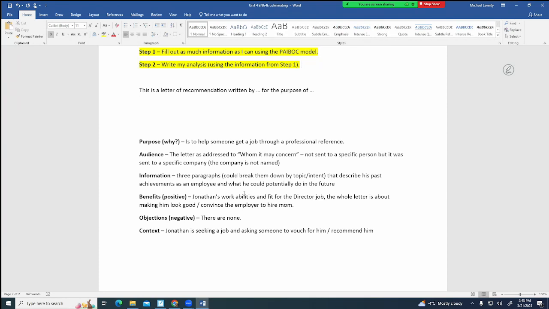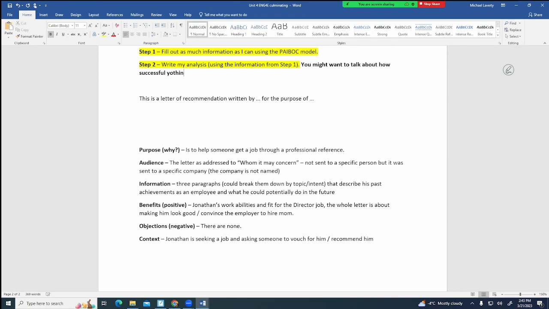You might want to talk about how successful you think this document will be in terms of achieving its purpose. Right, because that's an analysis too, right?